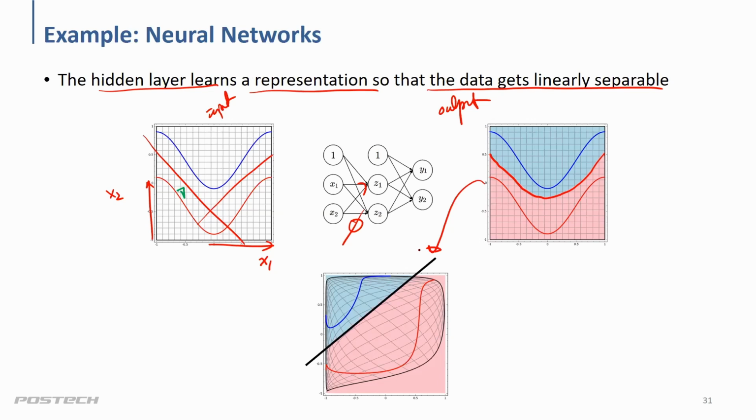That's what's happening inside. We distort the nonlinear space to make it linearly separable, and in that linearly separable space, the neural net can easily figure out the linear classifier. That's how things happen inside.